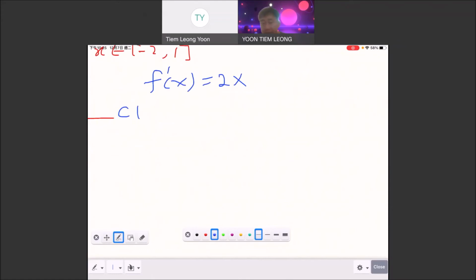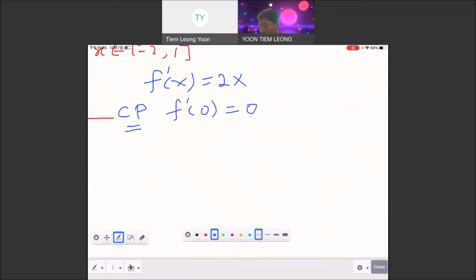I write CP to represent critical point. So the critical point is a value of x such that f prime is either 0 or undefined, right? So it's obvious that if f prime is 2x, then the value where f prime equals 0 will be just 0. Right? So this will be 0.